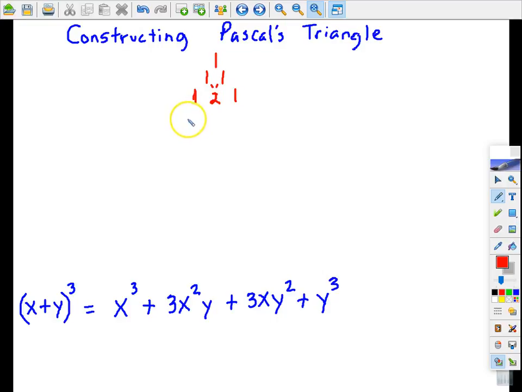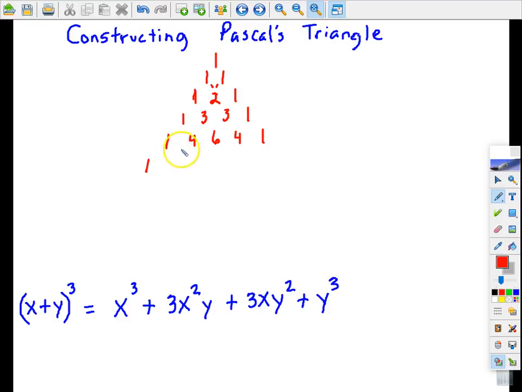The fourth row will look like this. We start with 1, 1 plus 2 is 3, 2 plus 1 is 3, and then we end with 1. Okay, the next row starts with 1, 1 plus 3 is 4, 3 plus 3 is 6, 3 plus 1 is 4, and we end with 1. Okay, and we just keep on doing the same pattern.